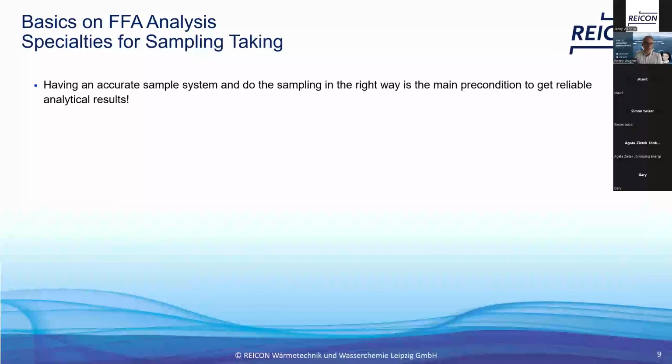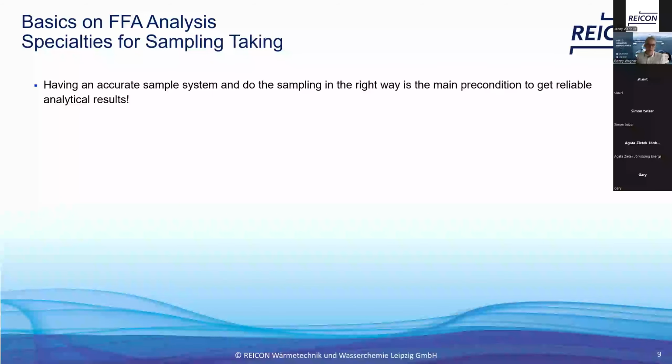Of course, if you want reliable results, you need an accurate sample system, and you need to do the sampling in the right way, because most FFA analysis procedures are based on grab sampling, and there are a lot of things that can influence the sample, where you can get an under-detection of the products in the system.